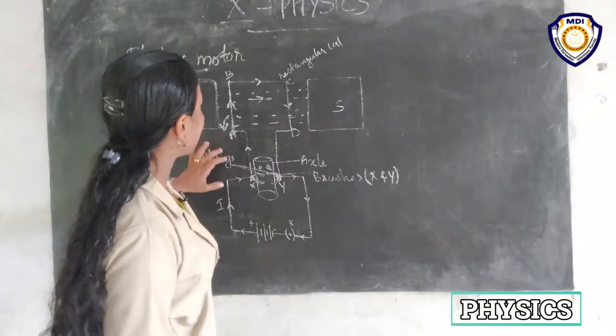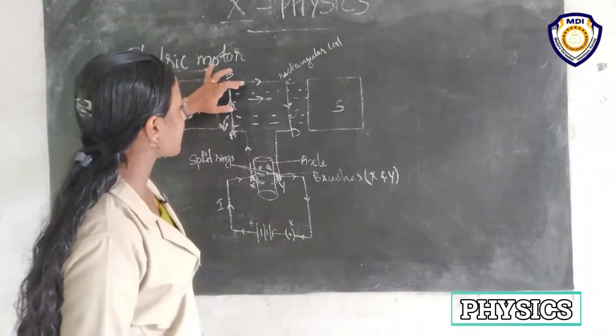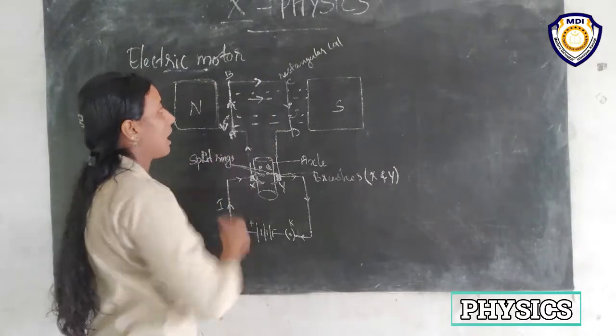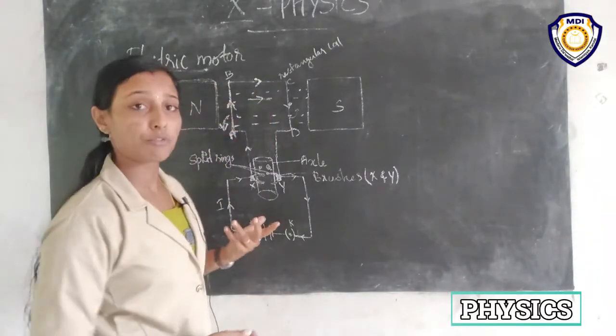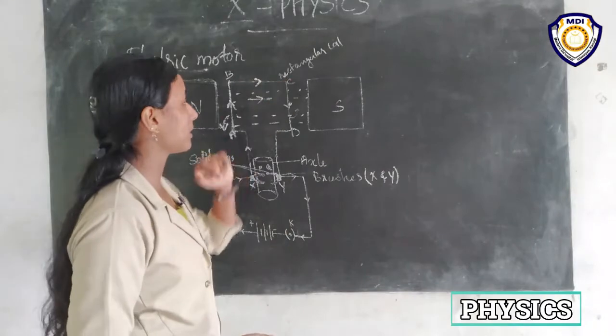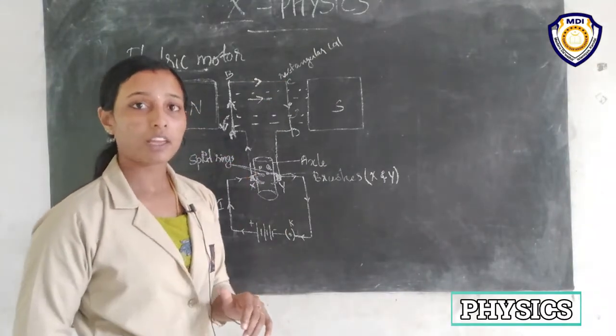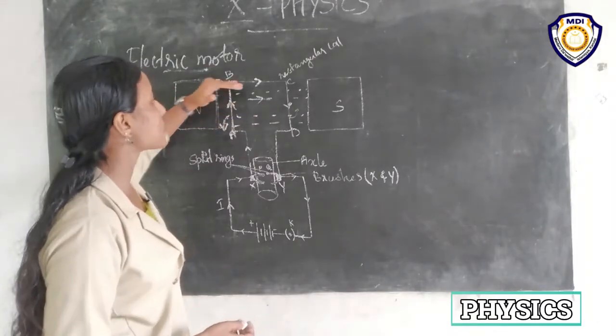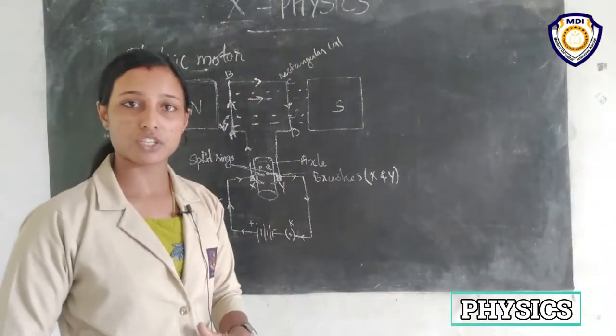Then the current enters into side BC. Is there any force experienced by this side? No. Why? Because the magnetic field is in this direction and the current is also in the same direction, right?